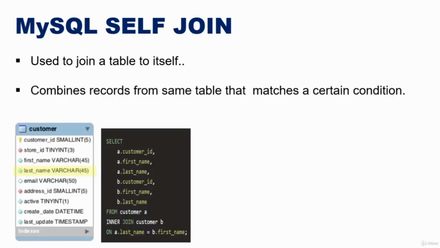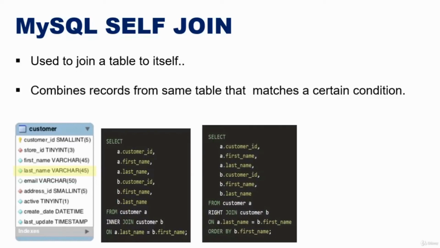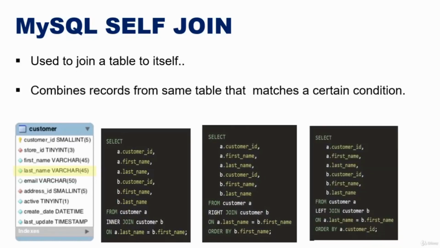So I've got the alias A, which represents customer_ID, first name, last name, and then I've got an alias B with the same number of fields: customer ID, first_name, last_name. So we're basically joining data from the same table to itself. Okay, and we're using an inner join. So you can also represent this with a right join and also with a left join.